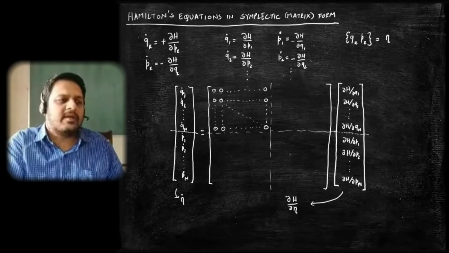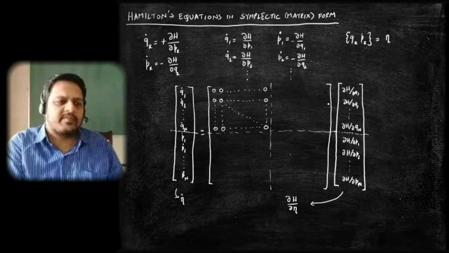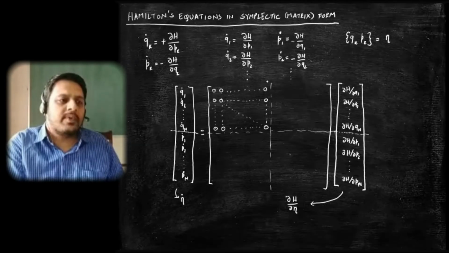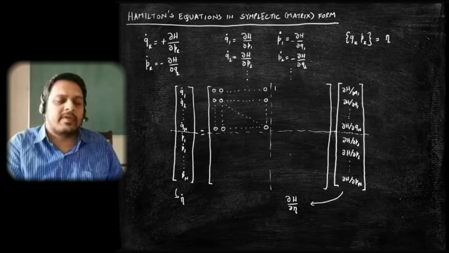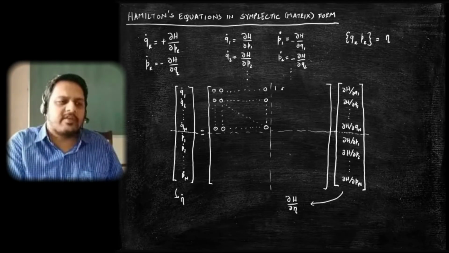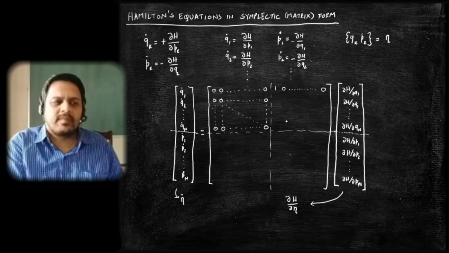Now when we come here, q1 dot is 0 times ∂H/∂q1 plus 0 times ∂H/∂q2 plus 0 times ∂H/∂qn plus 1 times ∂H/∂p1 plus 0 times ∂H/∂p2 plus 0 times, like that till n.